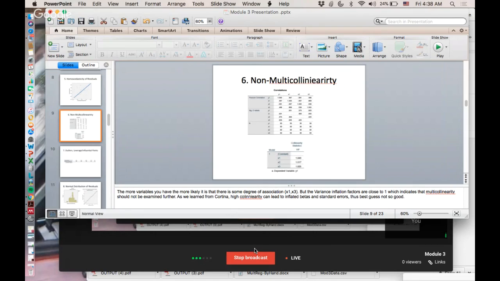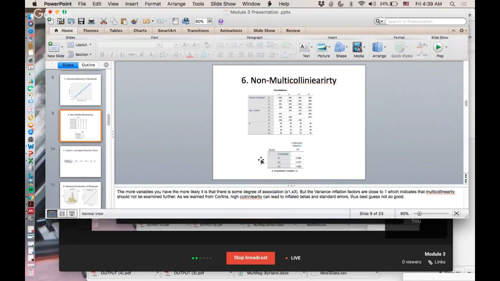The sixth assumption, and probably one of the most important, is you don't want any collinearity. And so basically what I found was X1 and X3 have a pretty high correlation. But since that's the only one, it might be attributed to the fact that the more variables you include, the higher the chance that you have correlation amongst the variables.